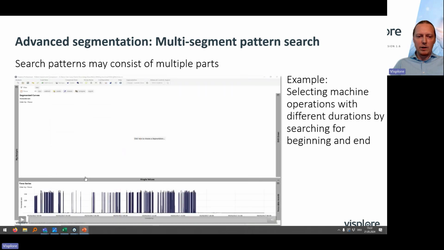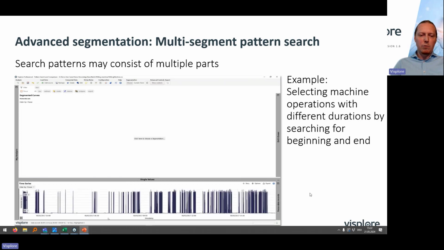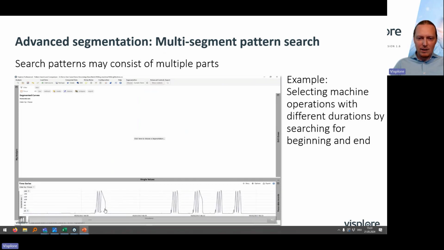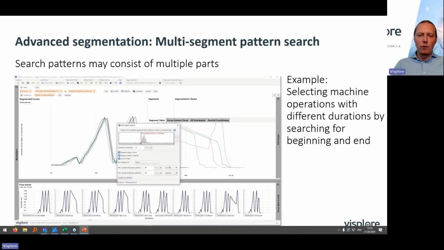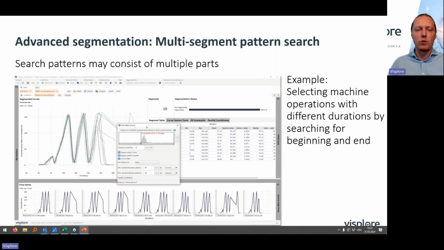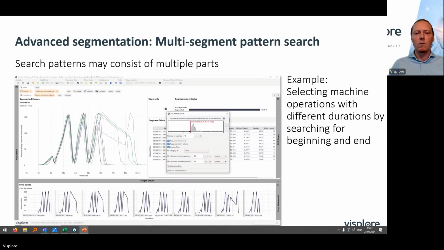So to make this a bit more clear, let me show you in this quick video. This is data from a milling machine. Zooming into a few milling operations here, we already see they can have different shapes and lengths. So let's select the start pattern of such a milling and the end pattern. And as we search for that, similarly to before, you get a dialog that lets you set what is still similar enough.